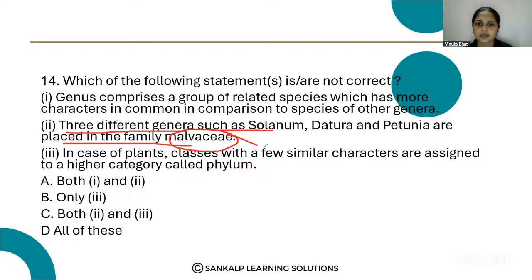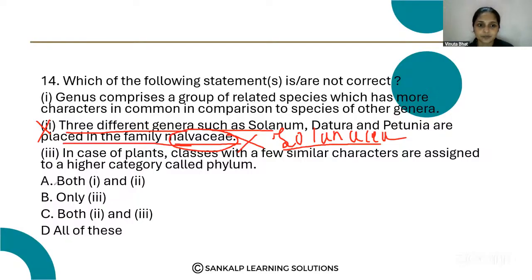So they do not belong to the family Malvaceae. They belong to the family Solanaceae. So this sentence is also wrong. Here Malvaceae is given. So option 2 is wrong.